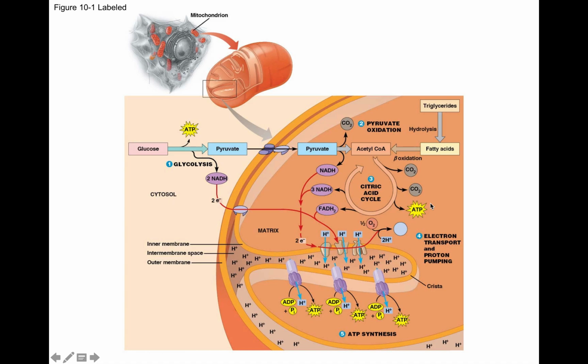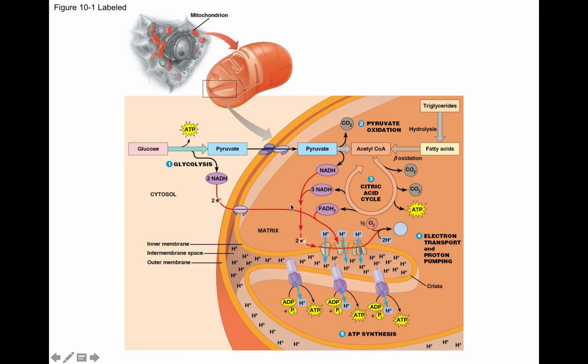That cycle makes a little bit of ATP if you're a plant, GTP if you're an animal. Mostly what it makes is these reduced molecules, NADH and FADH2.